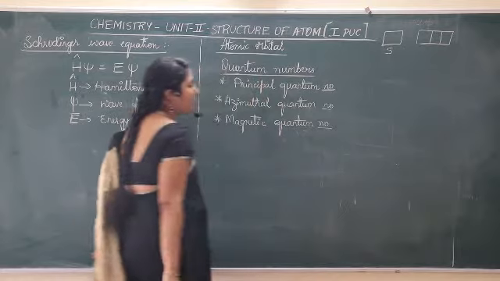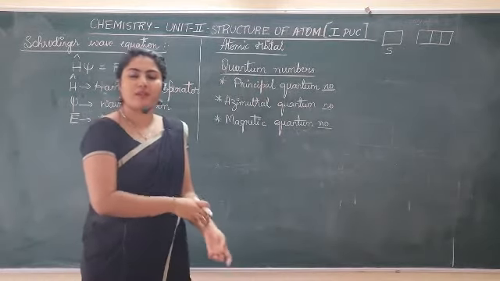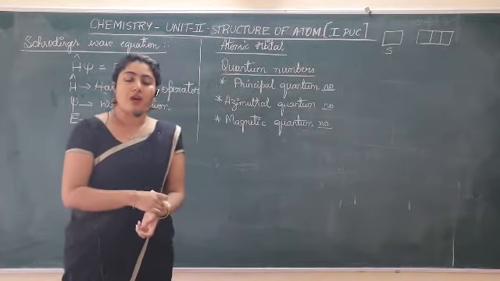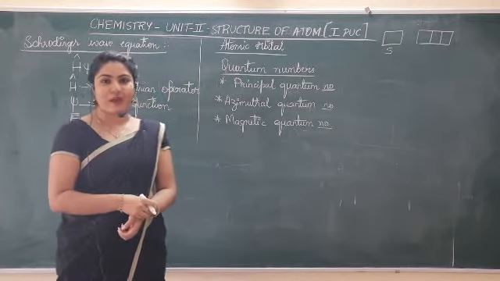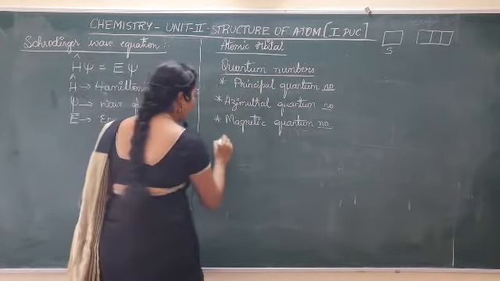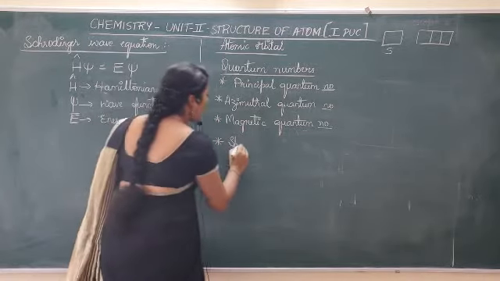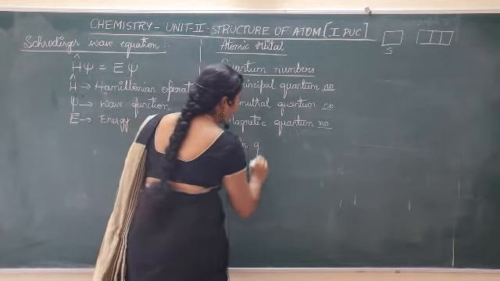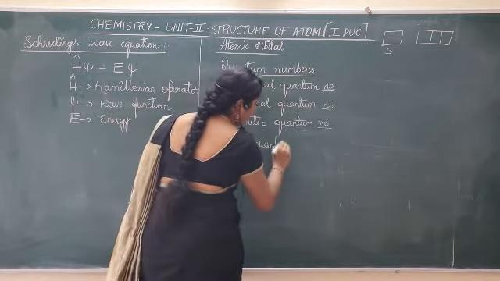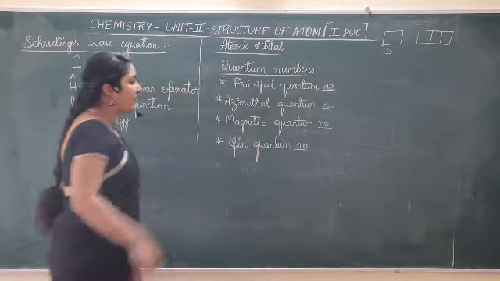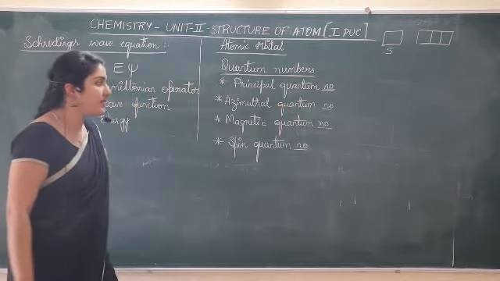In the examination, the most expected question can be from this part, where they will ask you the significance of the principal quantum number, or just ask you to write a note on quantum numbers. So you need to understand this really well. These are the 4 different quantum numbers.